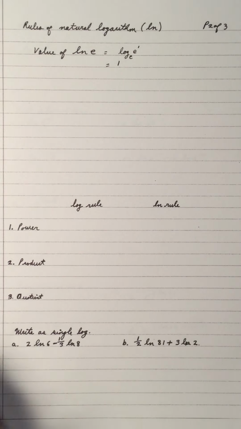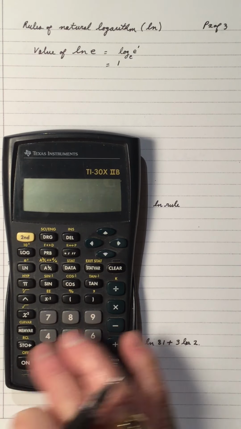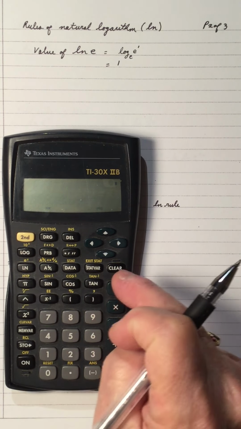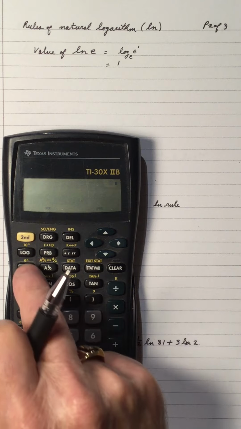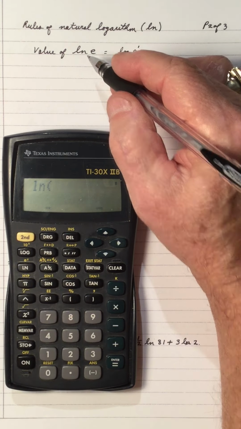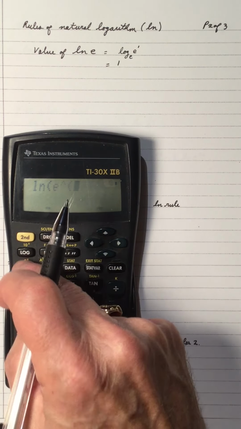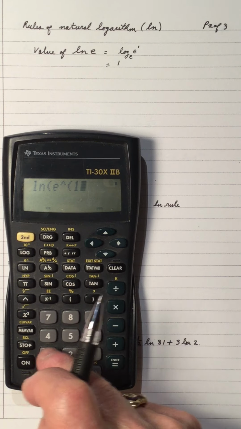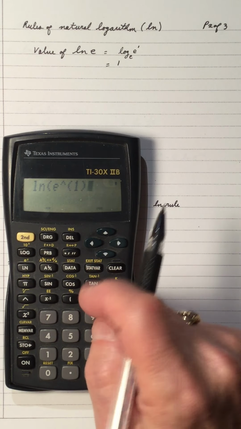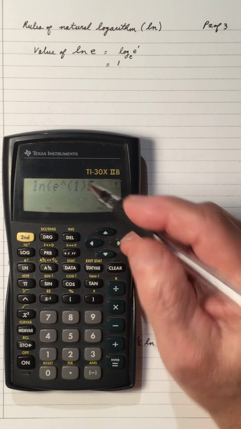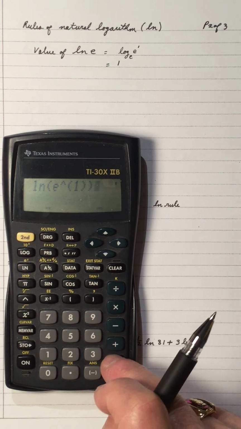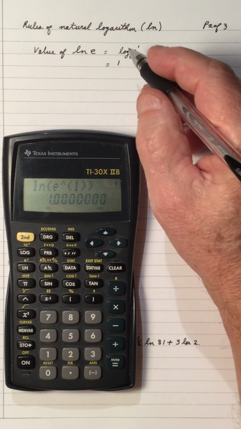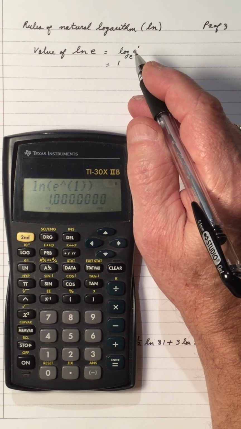Another way to show that is to do ln of e, where the inverse replaces it with e to the 1, so that's the same as e to the 1 power, which is e. So the ln of e is 1 using the calculator.